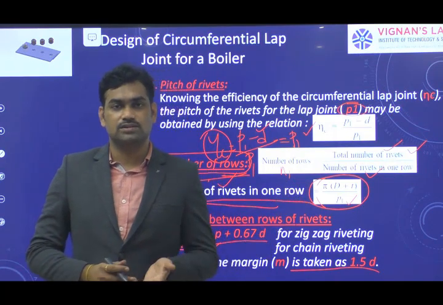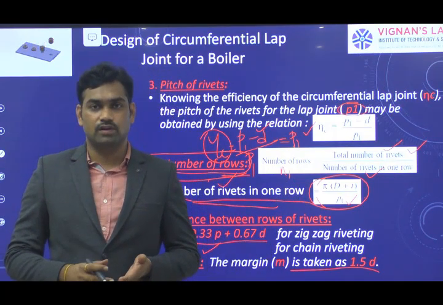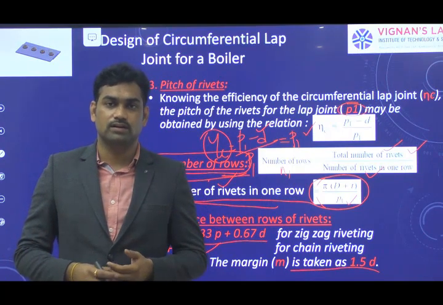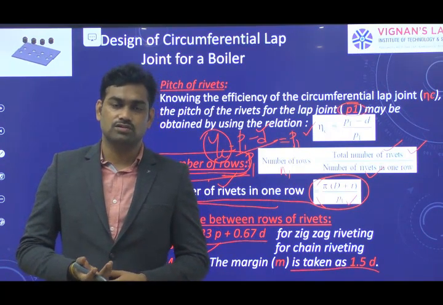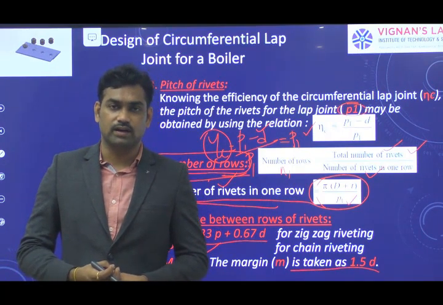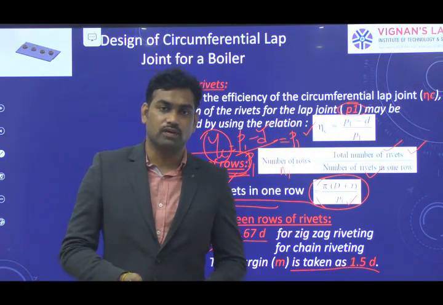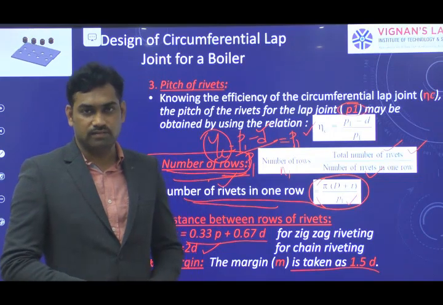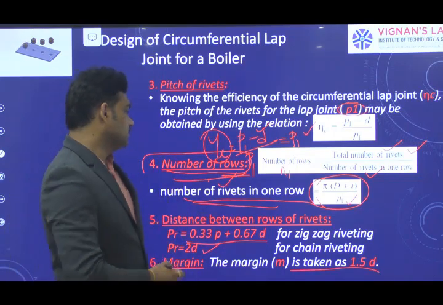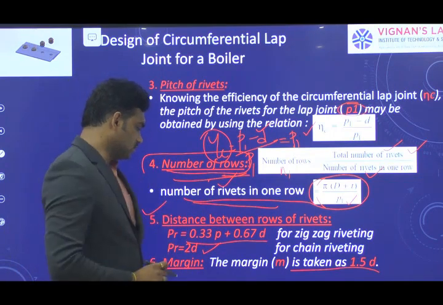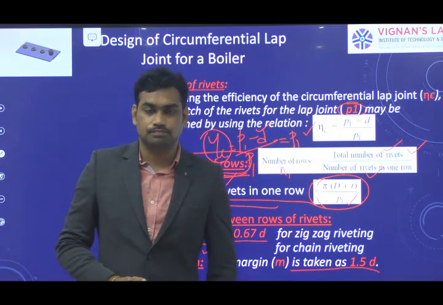By knowing the pitch and number of rivets, you can find the number of rivets in each row, by circumference divided by pitch, and then the number of rows required, that is N1. And lastly you can find the distance between the rows of rivets and the margin.